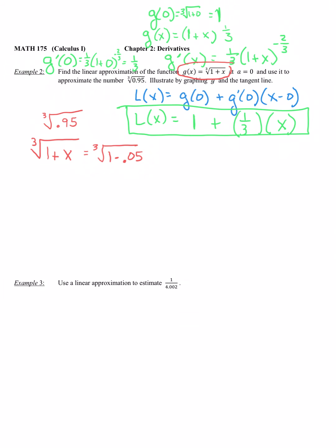Yes. So truly, we need to look for the g, excuse me, it's negative 0.05, right? We're looking for the g of negative 0.05, which our linear approximation will give us a very close value to. So what we have to do now is plug 0.05 into our equation that has the green square around it.